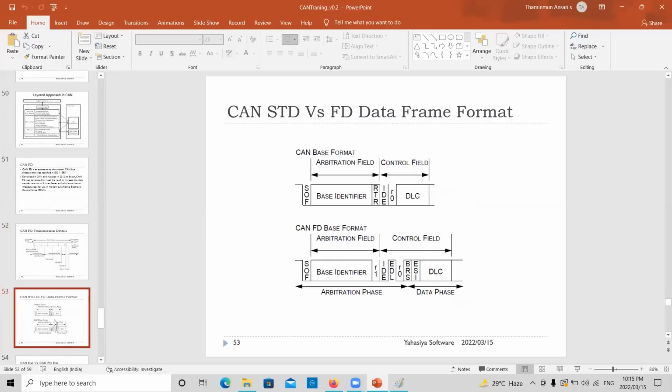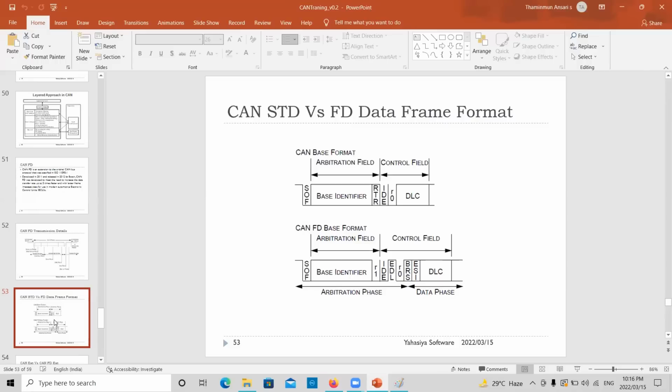In the case of FD, we have 3 additional bits. What are those? Extended data length, baud rate switch, and error state indicator. Extended data length is a bit like the RTR bit or IDE bit, used to differentiate the FD frame from the standard CAN frame that we used to have, like the 11-bit or 29-bit CAN frame.